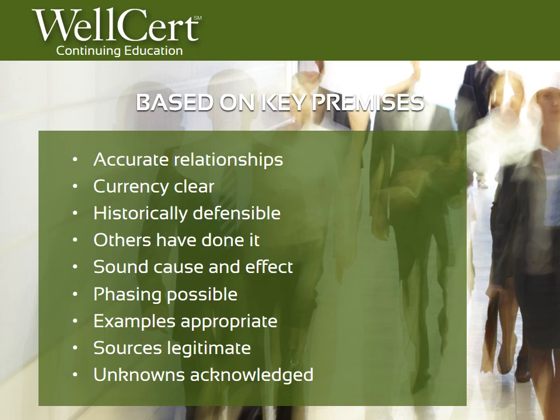So we want to be able to say we're not quite sure. We think what's going to happen is that costs are going to continue to go up. So we want to be able to identify general kinds of issues, but we also want to acknowledge unknowns where they exist. So these are some of the key premises that we want driving our business case presentation.